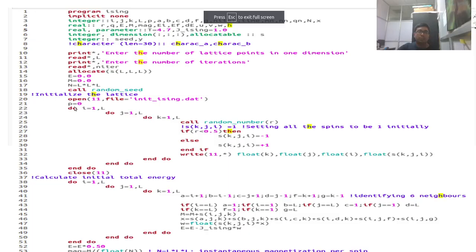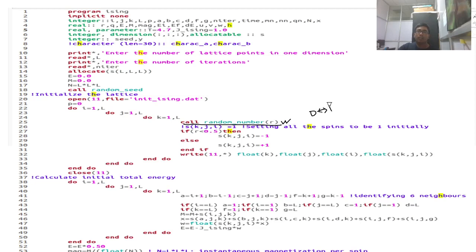So what I do initially, just the same way, here I changed it. Right now in this question I am calling a random number generator. This random number r will give me random values within 0 to 1, right?